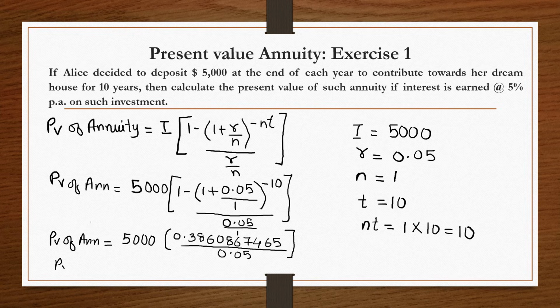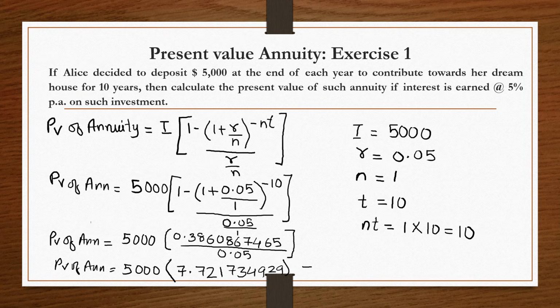So we will get the present value of annuity is equal to 5000. Again, when you divide 0.3860867465 by 0.05, you will get 7.721734929.